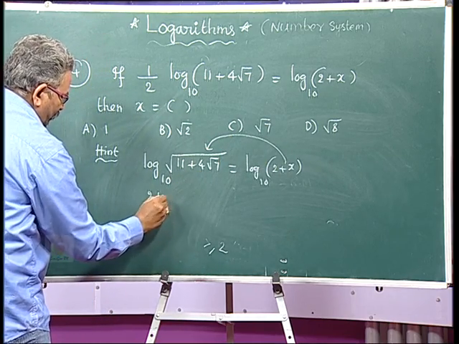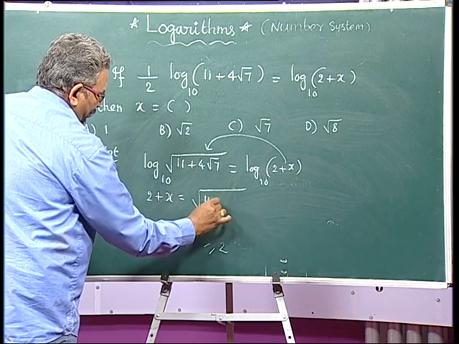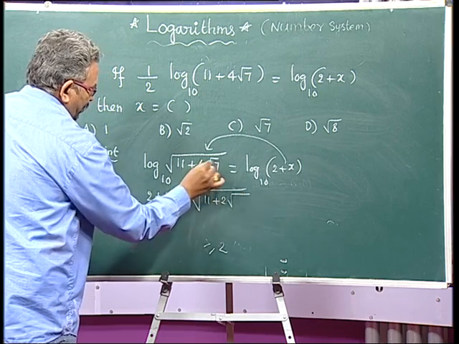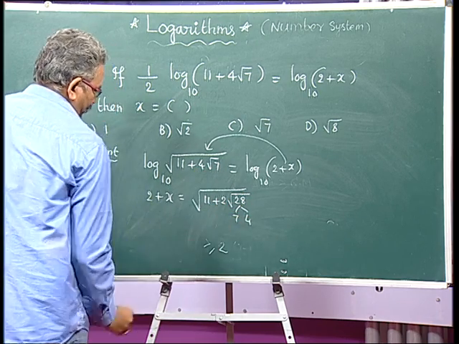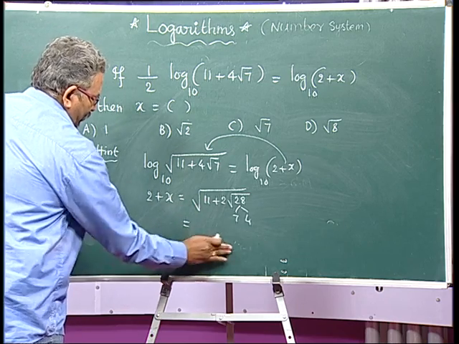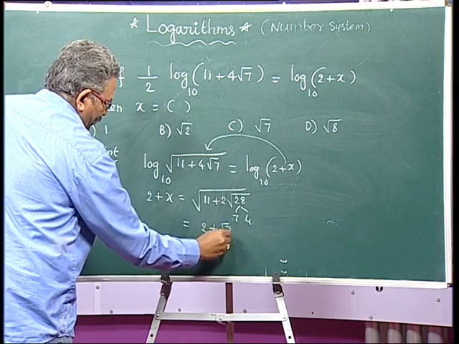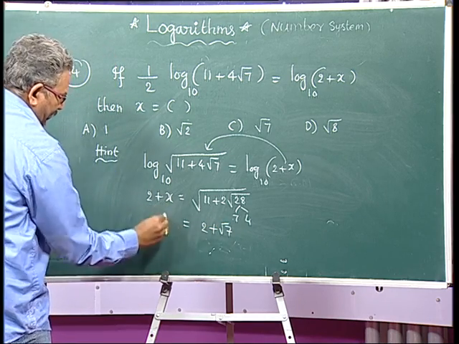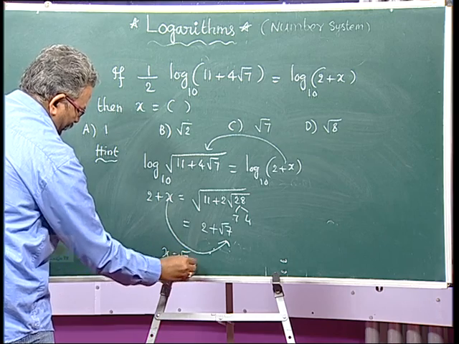So we can write 2 plus x is equal to root of 11 plus 2 root of 28. This 28 can be written as 7 into 4. This will be root 7 plus root 4, that is 2 plus root 7. Comparing on both sides, x is equal to root 7. This is the right answer.